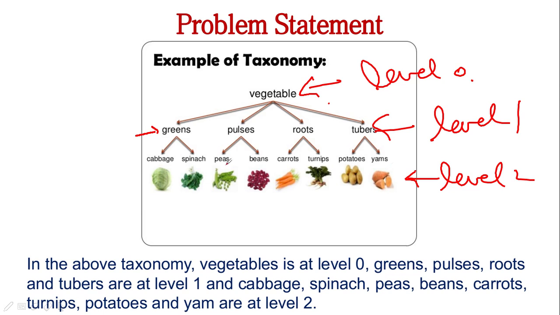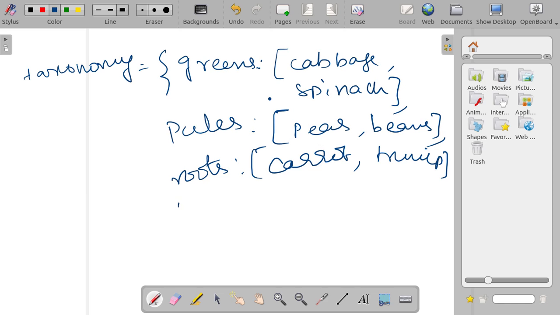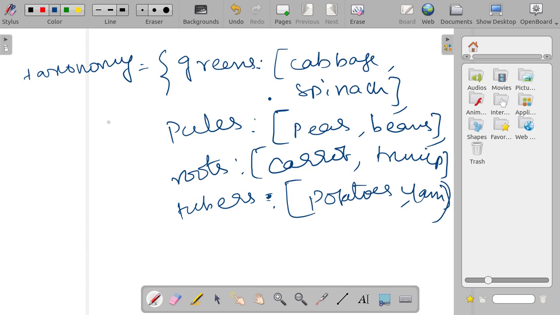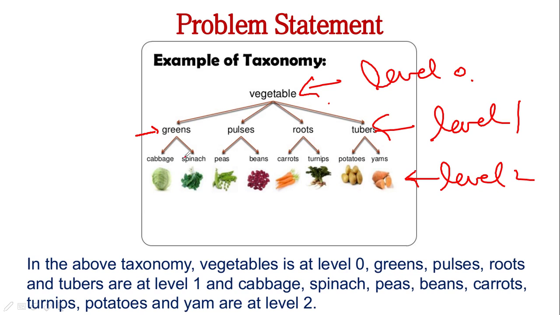Next is tubers. When you look at tubers, this is going to be the key and colon, and you are going to say the values there, potatoes and yams. So this is how the level 1 and level 2 of the taxonomy is going to be. Let me call that a taxonomy.